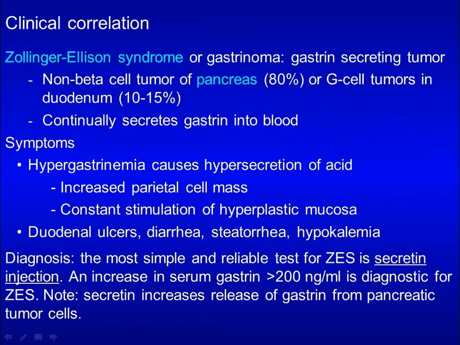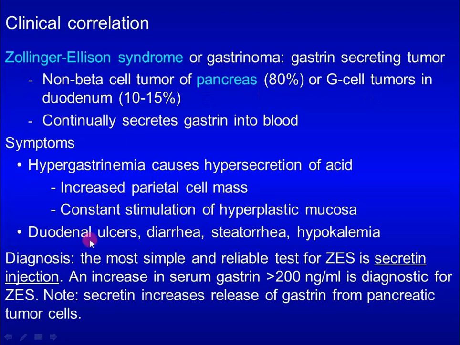Here is the clinical correlation. Zollinger-Ellison syndrome, or gastrinoma, is a condition with gastrin-secreting tumors. It is mostly caused by non-beta cell tumors of the pancreas, and in a smaller number of cases by G cell tumors in the duodenum. Excess gastrin causes hypersecretion of acid.